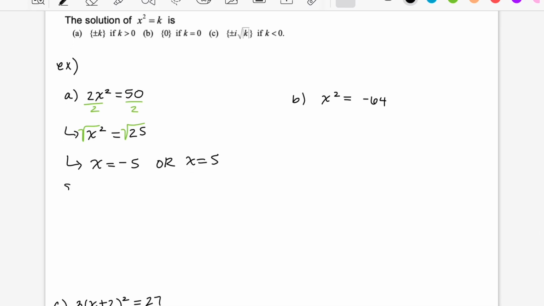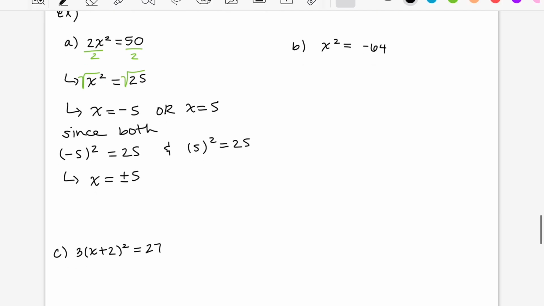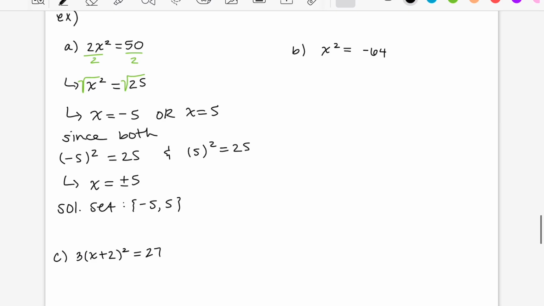This is the case since both negative 5 squared is equal to 25 and 5 squared is equal to 25. When we have this, that's when we would write x is equal to plus or minus 5, just indicating that we have two solutions. So our solution set is negative 5 and positive 5.